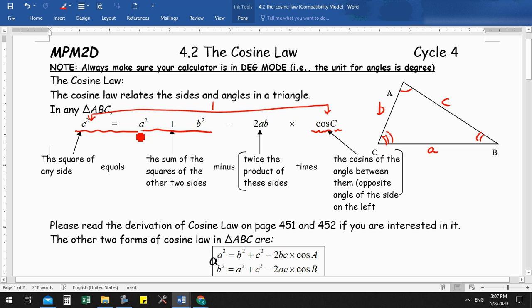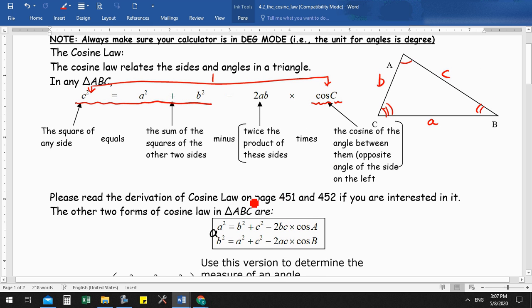And the middle is a squared plus b squared, the other two sides squared added together, minus double the product of the other two sides. And because not all triangles are right angle triangles, you could also solve for the other two sides. A squared equals the other two sides squared, minus double the product of the other two sides, times cosine angle A. So side A, angle A, one is at the front, one is at the back.